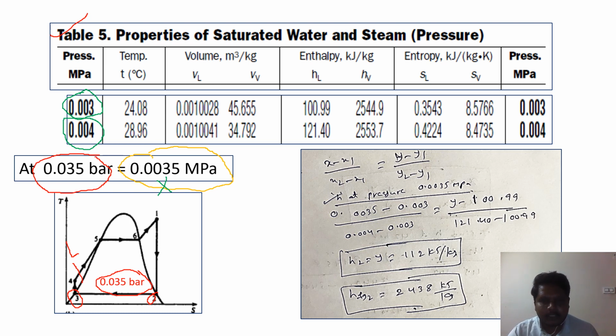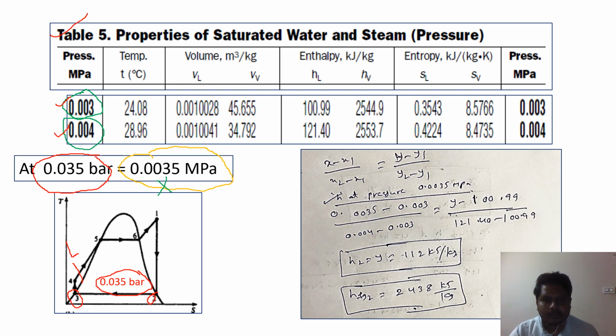Before doing interpolation, as we discussed in the previous slide, here also we have to take the enthalpy and entropy values at 0.003 megapascal and 0.004 megapascal.